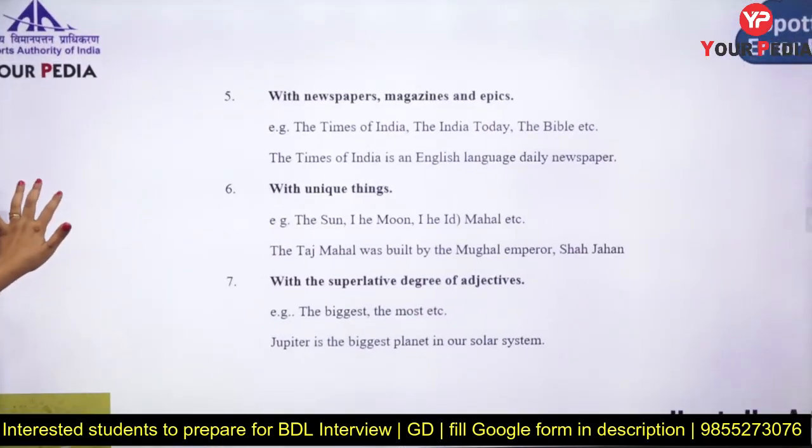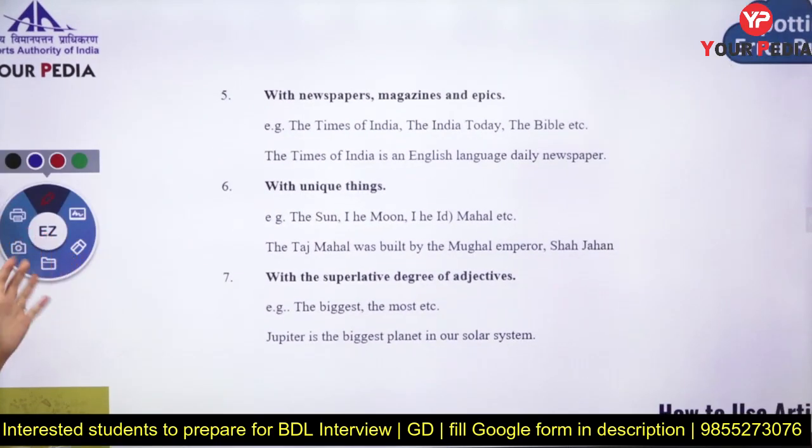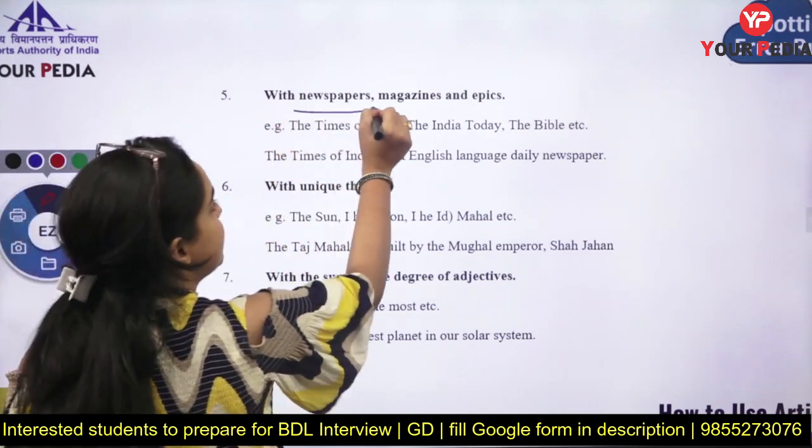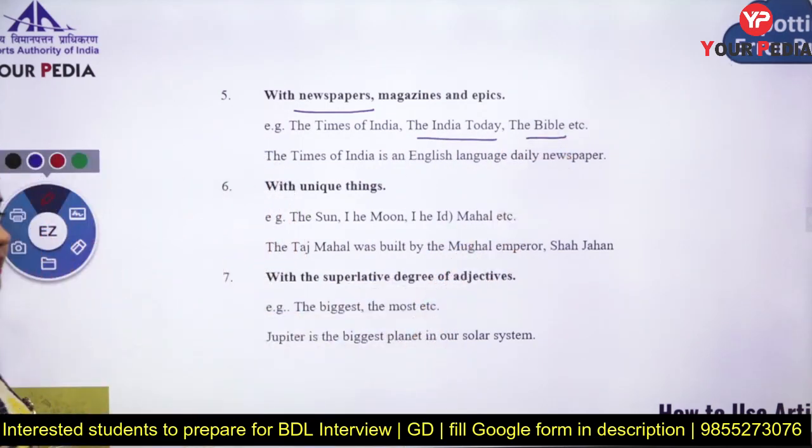Next let's start with the next line. What we have is the names of newspapers, magazines and epics. Obviously these are something very definite and they have popularity at their highest. So for newspapers: the Times of India, the India Today, the Bible, the Gita, the Bhagavad Gita. Everywhere you will be using the article the with it.